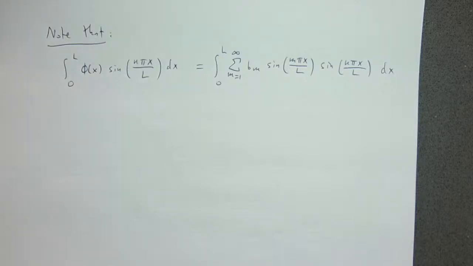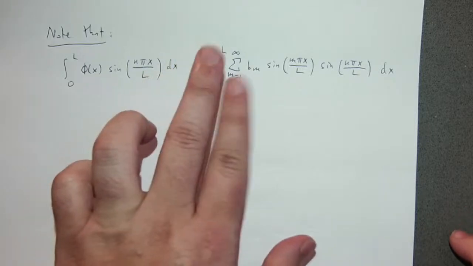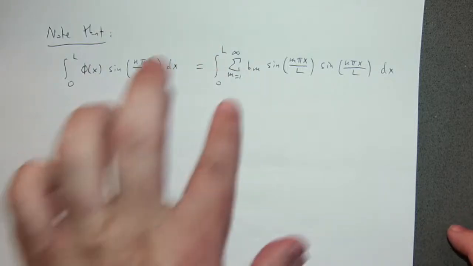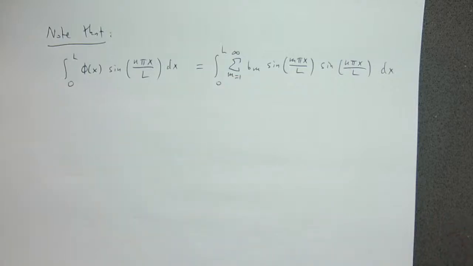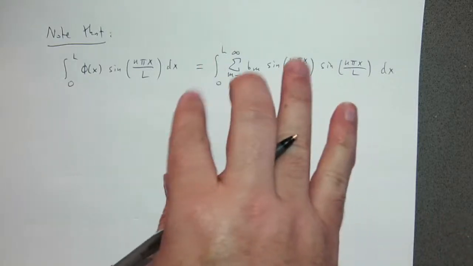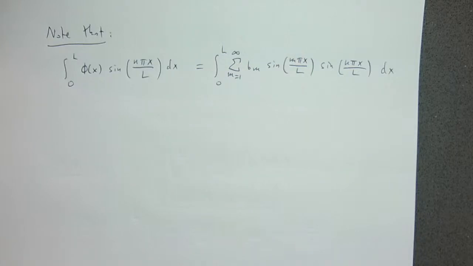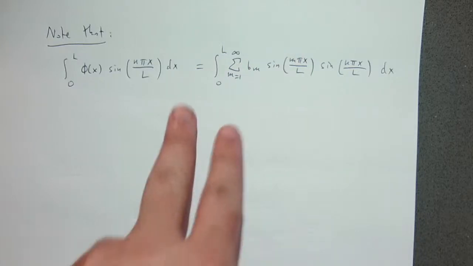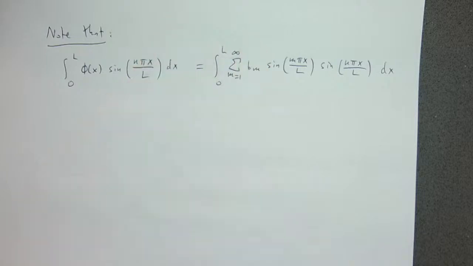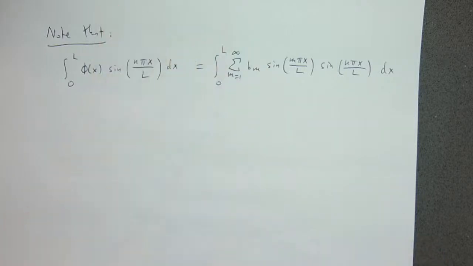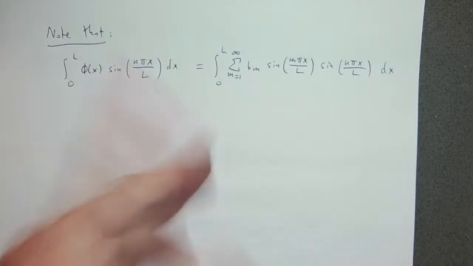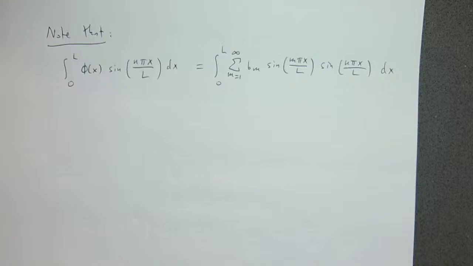Now what I am going to do is interchange this integral and this sum sign. Whether or not this can be justified is a tricky thing. We're going to go ahead and do it and just hand wave for a second, but this can be justified. This is exactly the sort of operation that mathematicians used to do in the 1700s and 1800s, kind of willy-nilly, that was not always justified.